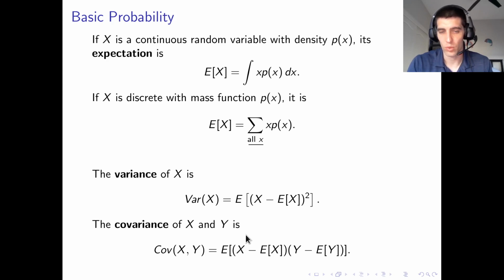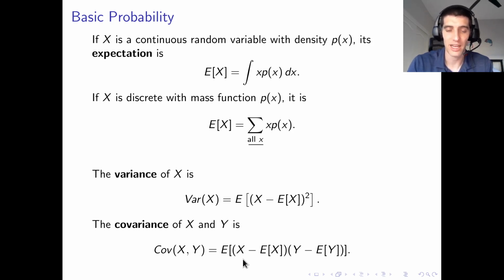The covariance of x and y is the following. You take the expectation, but instead of having a square, you multiply x minus its expectation times y minus its expectation. The idea here is that covariance captures how much x and y trend together.